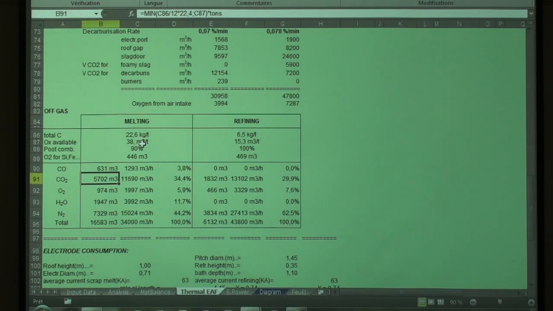So I take here the minimum, because if I have enough oxygen, of course I will burn everything into CO2.